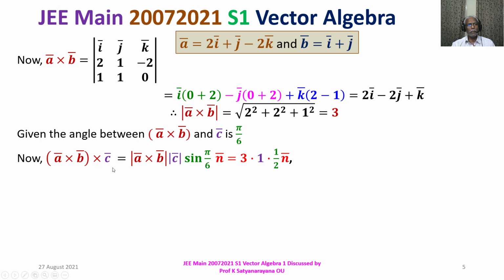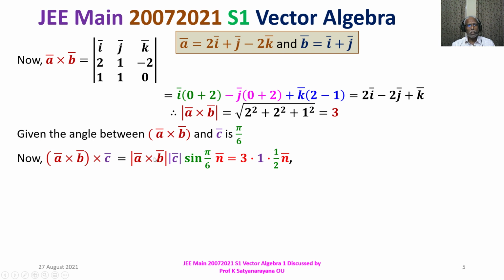The formula is modulus of the first vector into modulus of the second vector into the sine of the angle between these two vectors, that is pi by 6, into n bar, where n bar is a unit vector perpendicular to both A bar cross B bar and C bar.